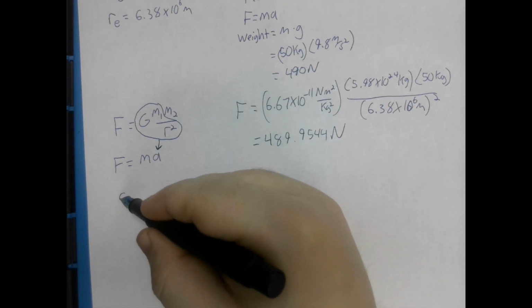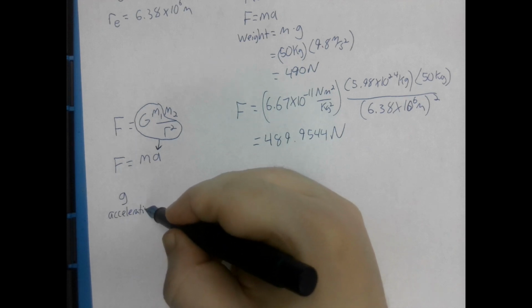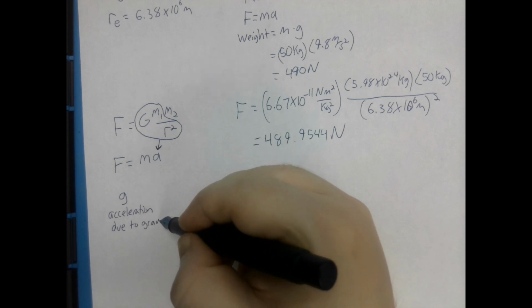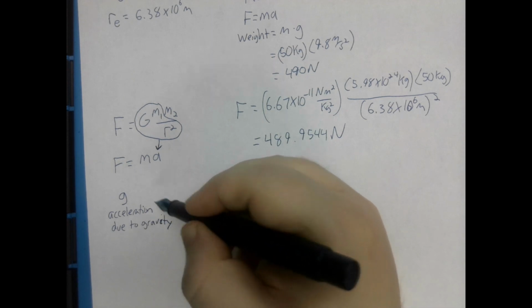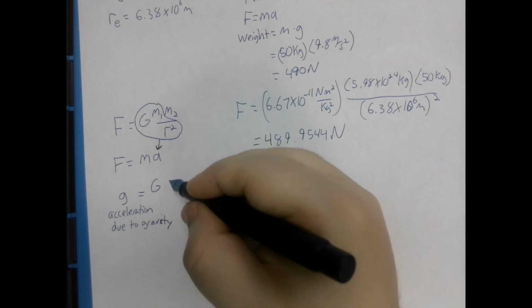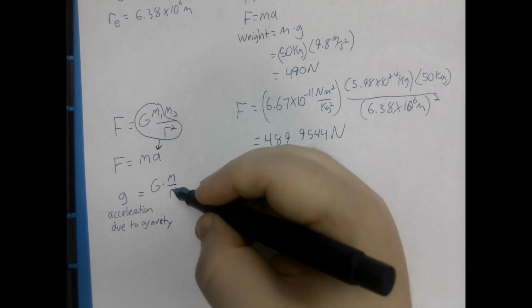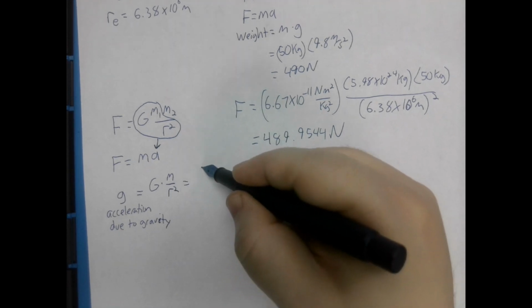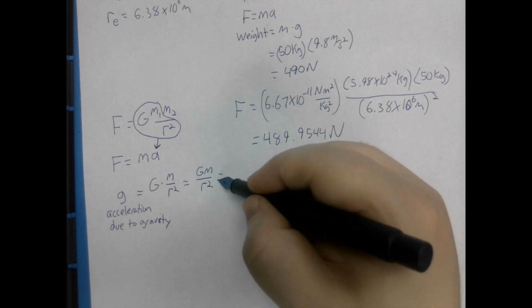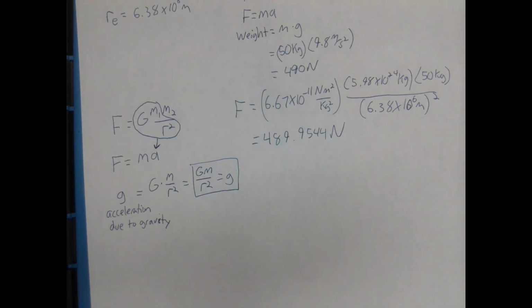So we can let the acceleration due to gravity be equal to g times a mass over r squared. Or you could just put it as g m over r squared. So let's do that.